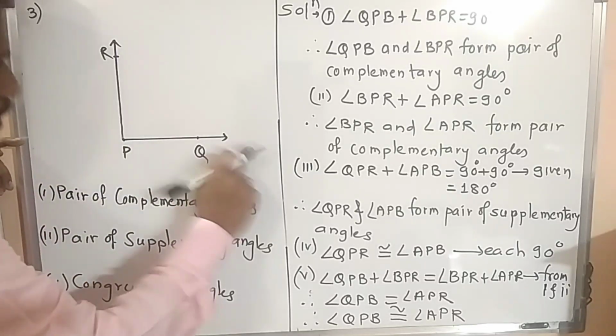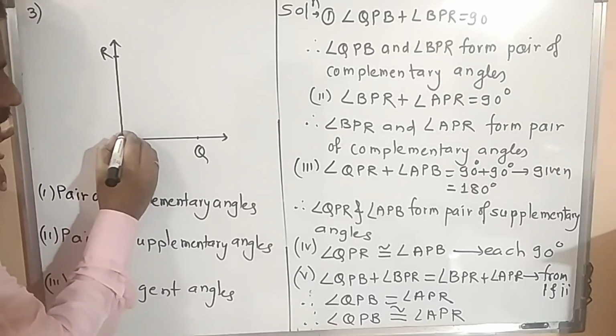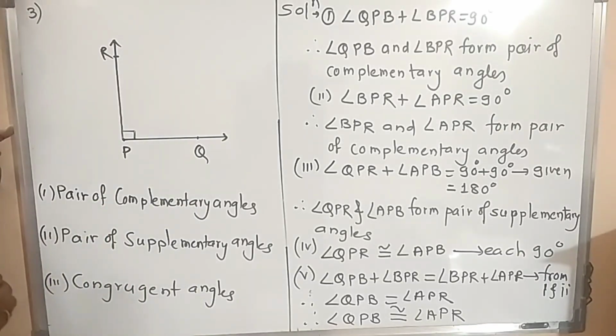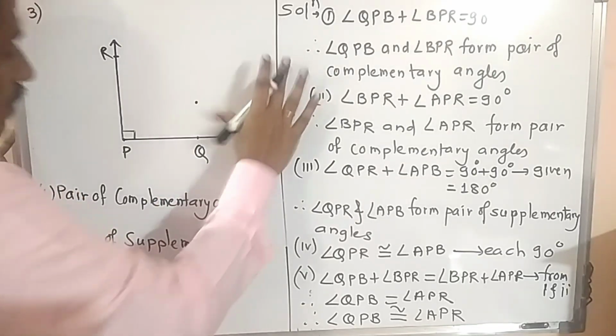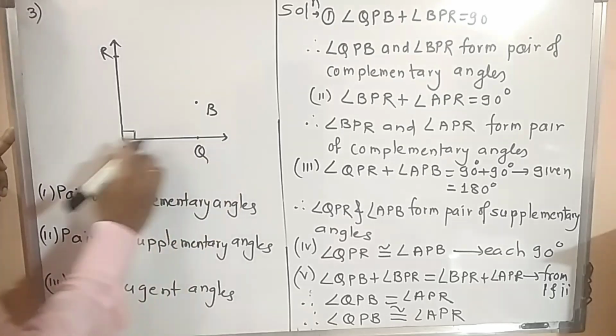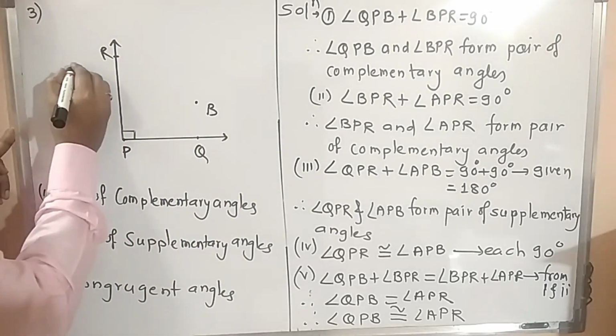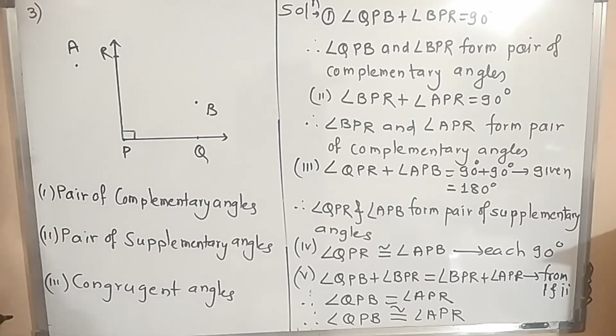Ray PQ is perpendicular to ray PR. It means the angle between them is 90 degrees. Point B is in the interior of angle QPR and point A is in the exterior.